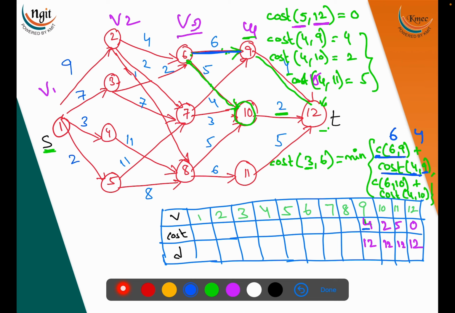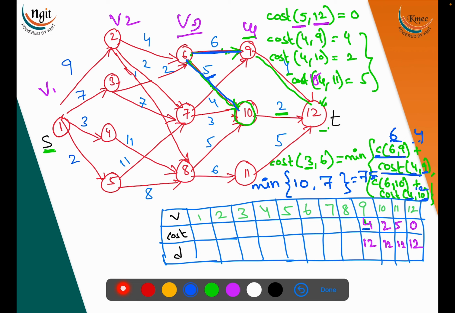Now C 6 comma 10 is what? 5. Now take this 5 plus cost 4 comma 10. 4 is stage number, but the cost of 10 vertex is 2. Take this 2. That means minimum of 6 plus 4 is 10, comma 5 plus 2 is 7. So minimum of 10 comma 7 is what?